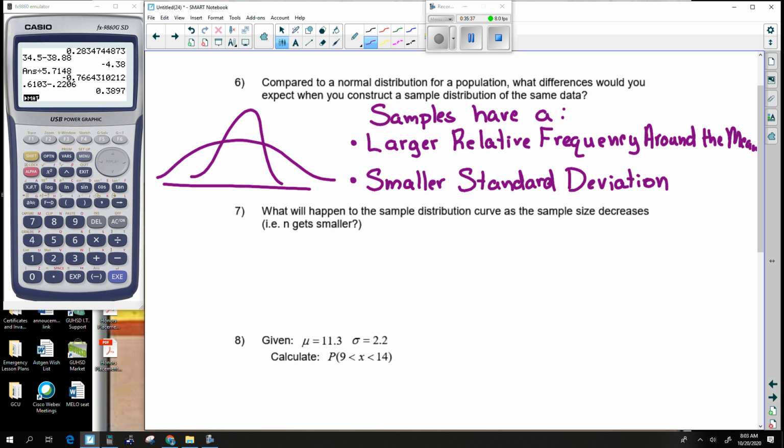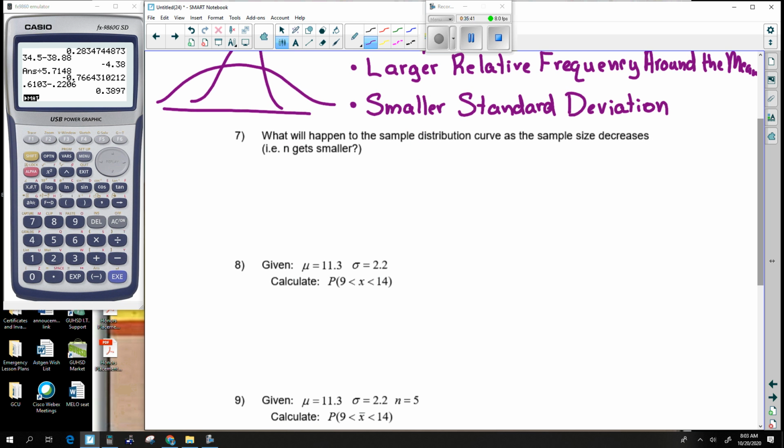Okay, what will happen to a sample distribution curve as the sample size decreases? So this is one that I have to incorporate the formula. This is the standard deviation of the sample, which is given by this formula right here. So if the sample size decreases, n gets smaller. I notice that the n is a denominator, so that's ultimately a division.